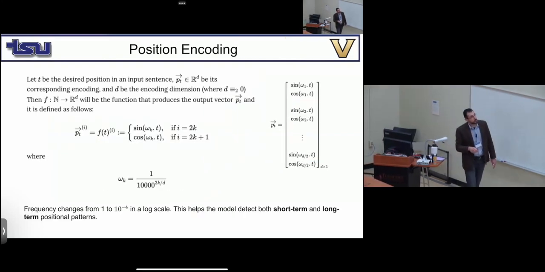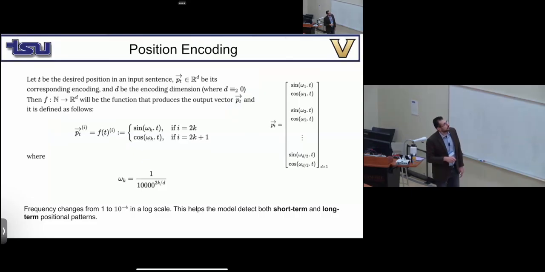So this is from the original paper, Attention Is All You Need. It says let's create this position vector. T is the location. Let's say we would like to get the position vector at position t of our input. So I have sine of omega 1 t, cosine of omega 1 t, all the way to sine of omega d/2 t, cosine of omega d/2 t. So I wanted a d-dimensional vector.